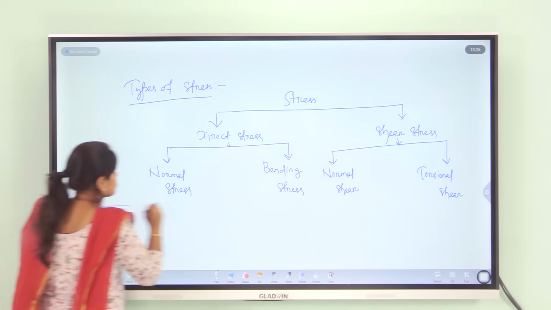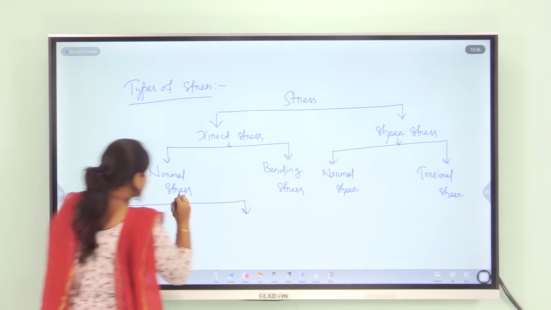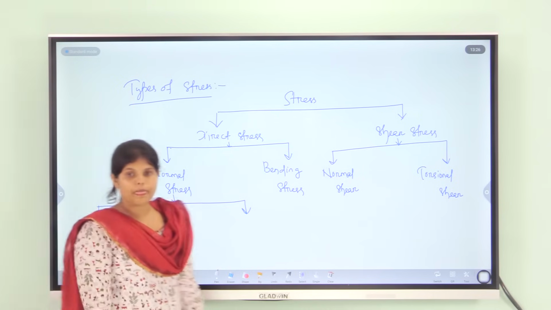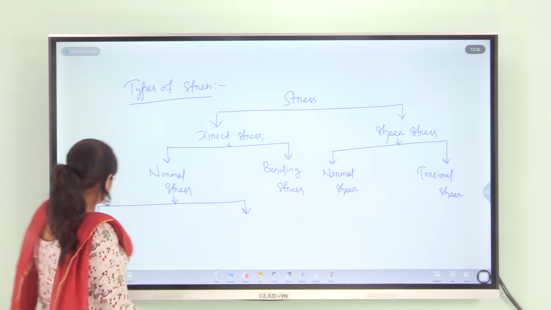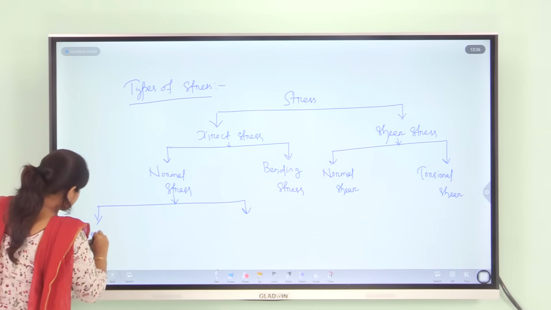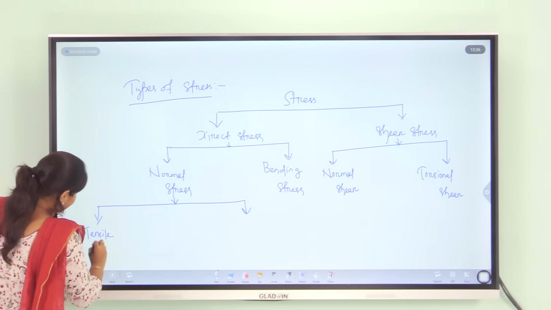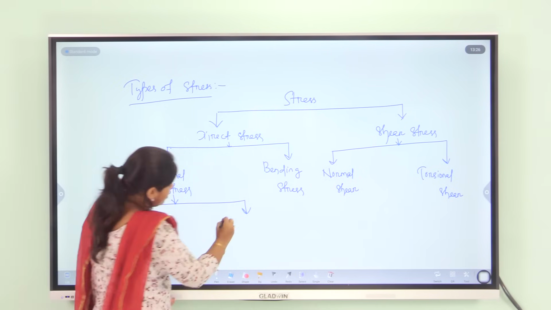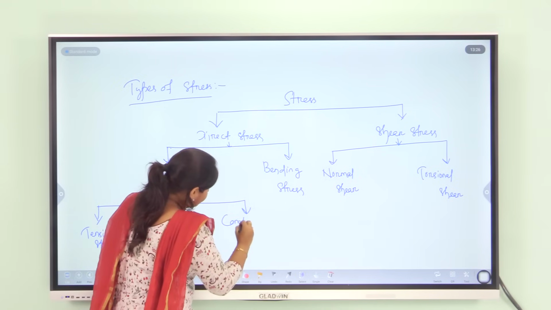Okay. So, normal stress is categorized into two types: one is tensile stress, another is compressive stress.